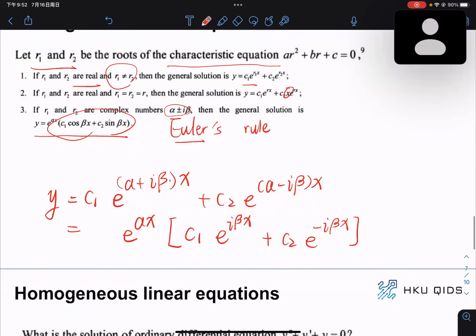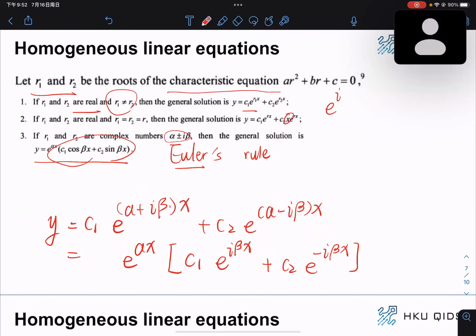And then by Euler's formula, e to the i beta x, if we consider this as theta, is going to be cosine beta x plus i sine beta x, right?